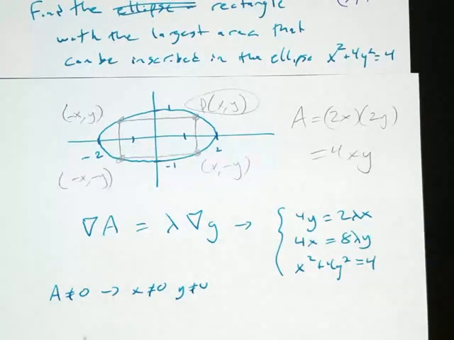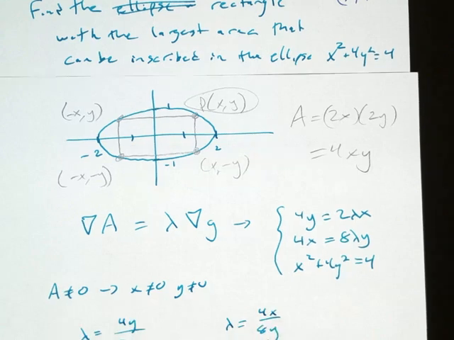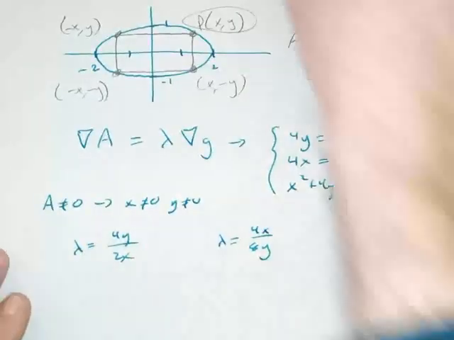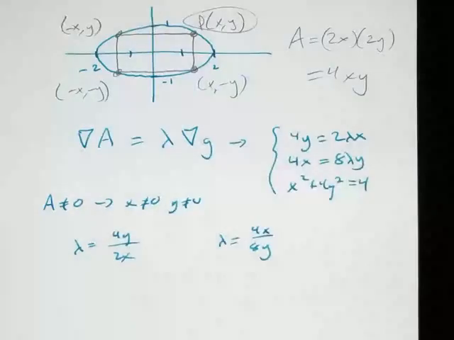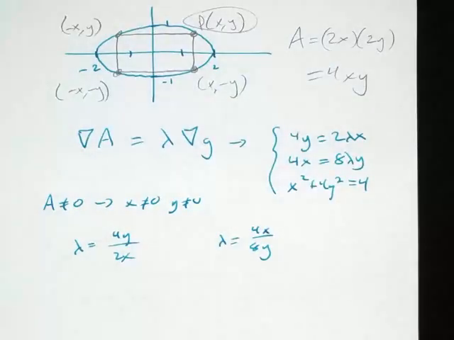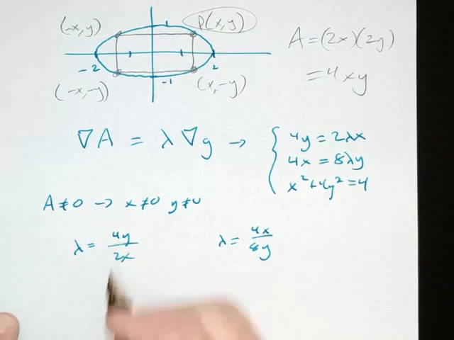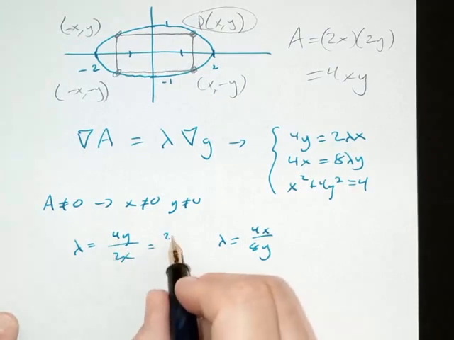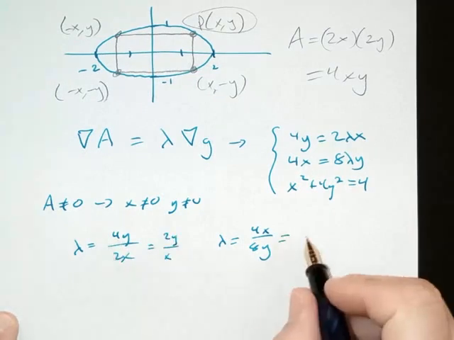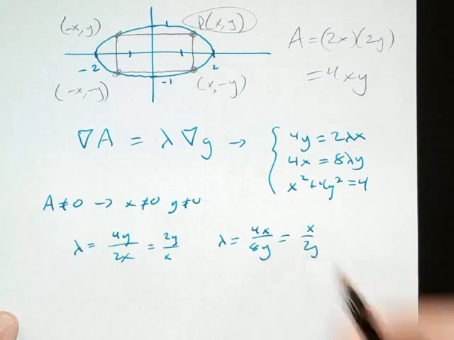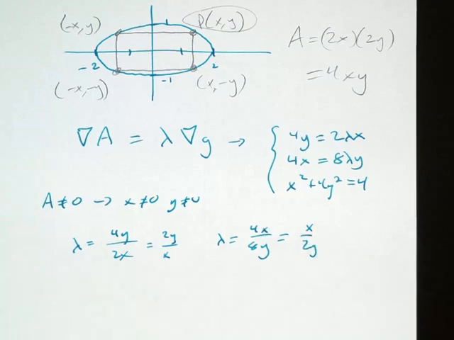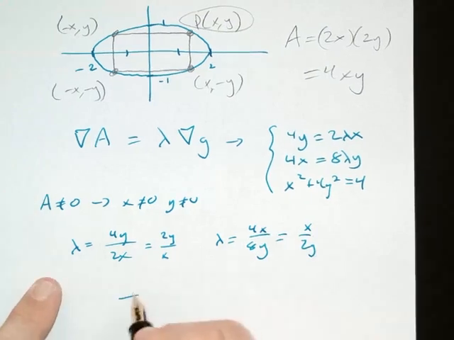So from equations 1 and 2, I get these. Wait, this is reducible. This says that 2y over x, and this says x over 2y, and those need to be equal to each other because they're both equal to lambda.